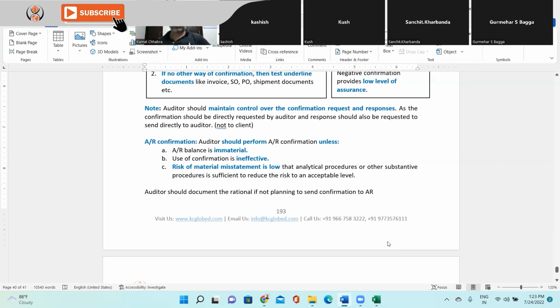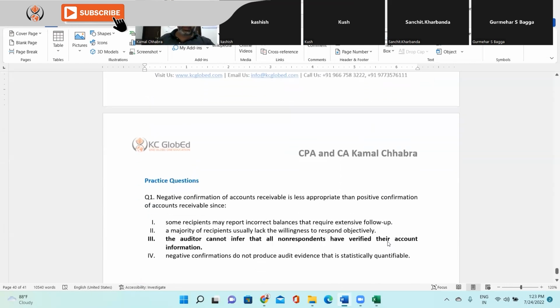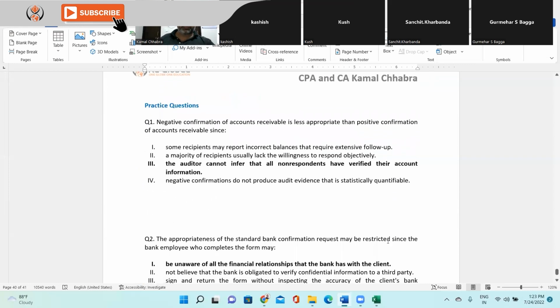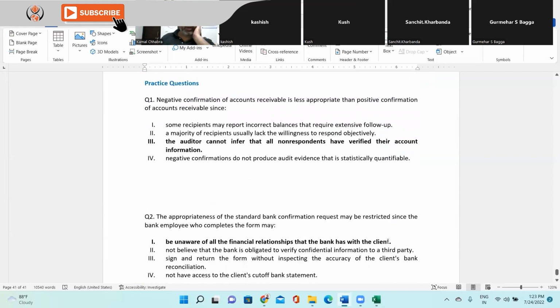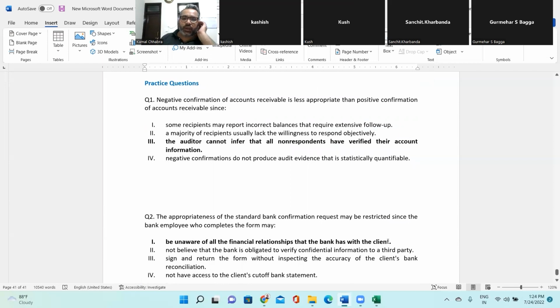So this is all about the confirmation procedure. Let's do some questions. Question number 1. Negative confirmation of account receivable is less appropriate than positive confirmation of account receivable balance. Why? First one is, some recipients may report incorrect balances that require extensive follow-up.